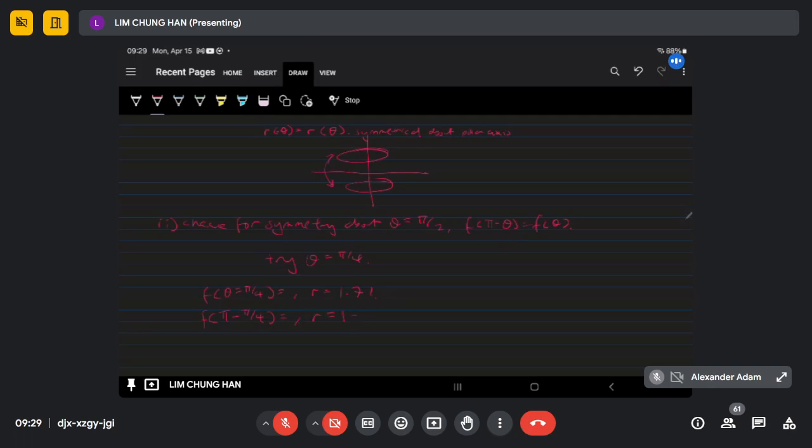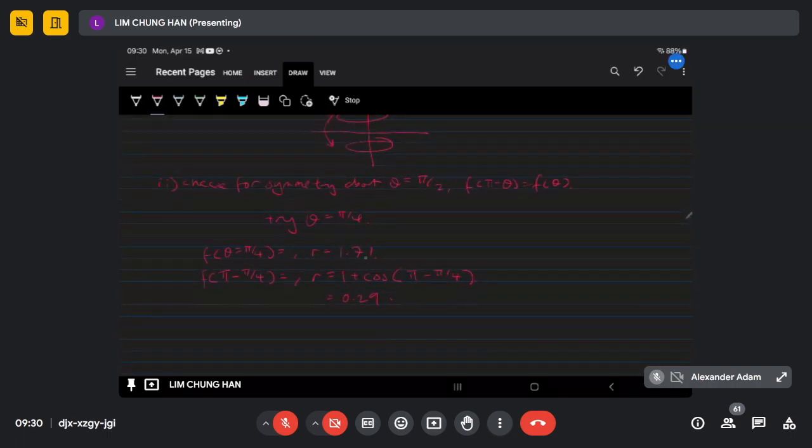So it's 1 plus cos of pi minus theta. What is this? Pi minus pi over 4, cos is what? 0.29.